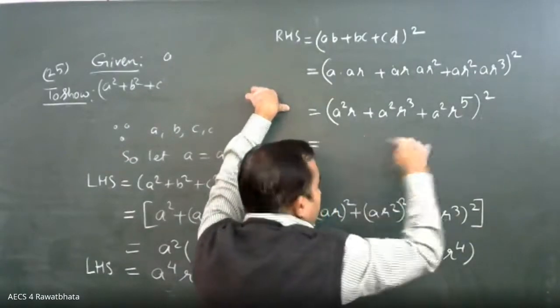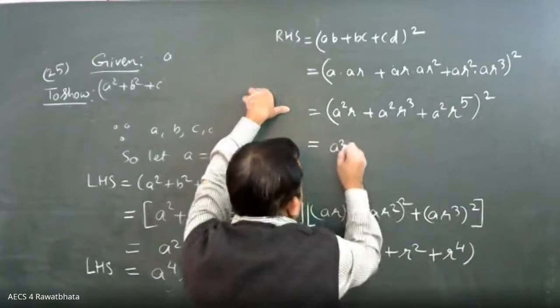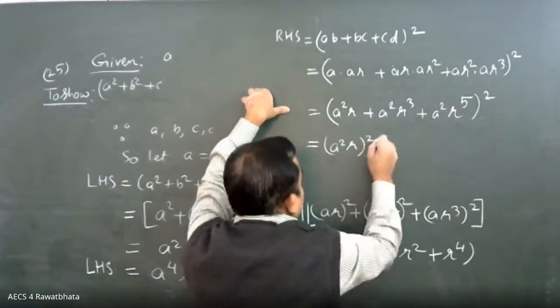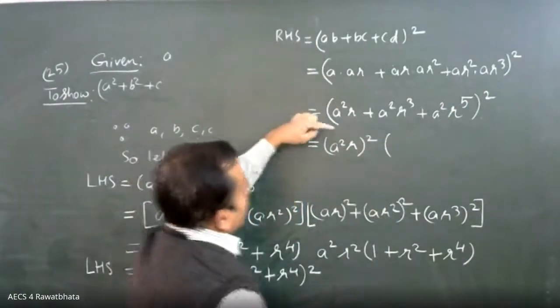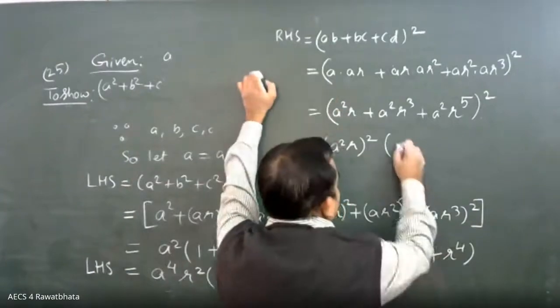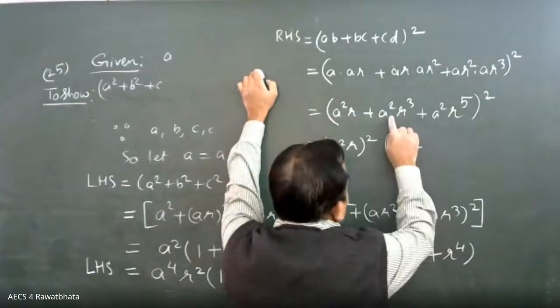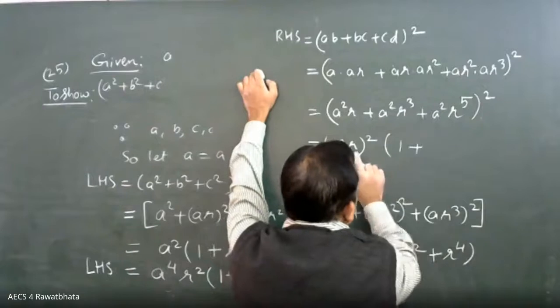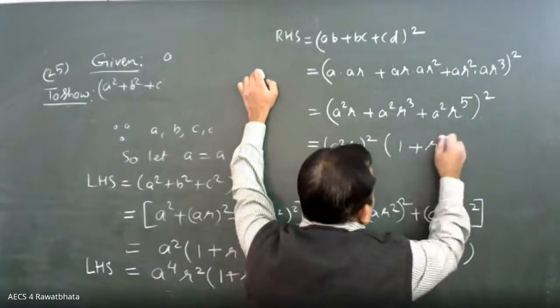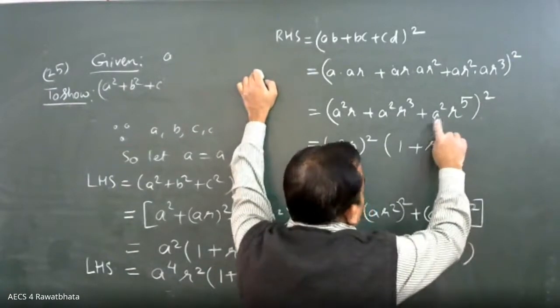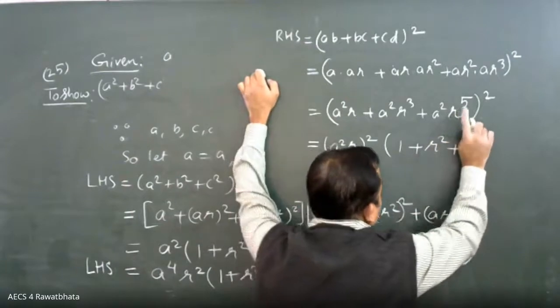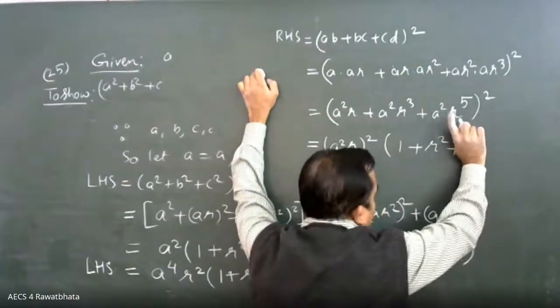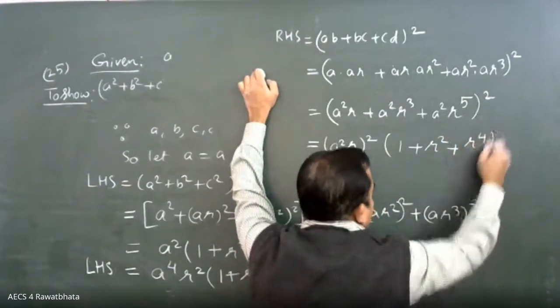A square R whole square will come common. And inside the bracket, A square R entire term is out. So 1 plus, A square out of R cube, R square remains. And A square out of R raised to power 5, R to power 4 will remain, whole square.